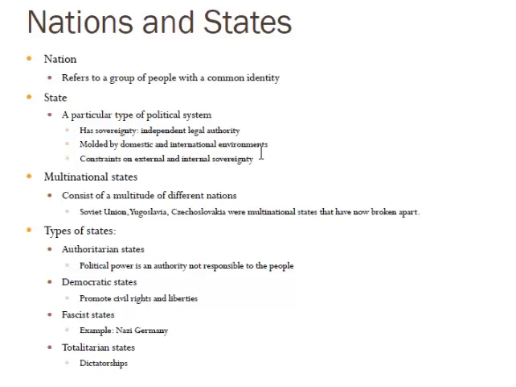And it also, of course, has limits or constraints on external, which means outside its borders, and internal, within its borders, sovereignty, which means rulership. In other words, the state has rules within its borders, but those are limited. They can't rule and do anything they want within their borders. A multinational state, which is virtually every country on Earth, is a state that consists of many different nations.